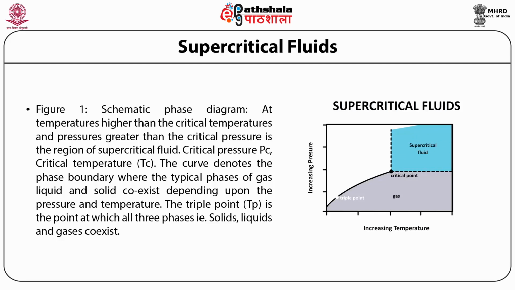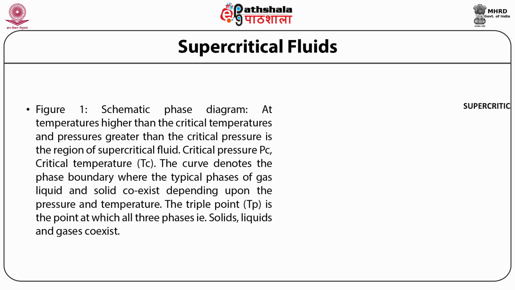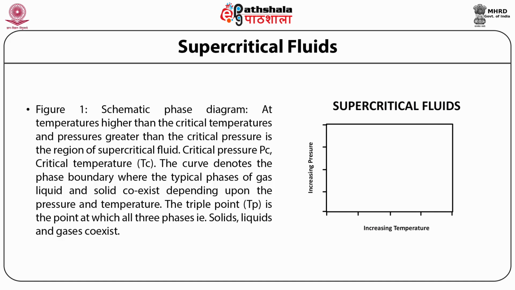In the phase diagram, you can also see a point which is denoted as the critical point. Critical point is the point at which the substance is at critical temperature and pressure. Critical temperature is the temperature above which a gas cannot be liquefied regardless of the pressure applied.